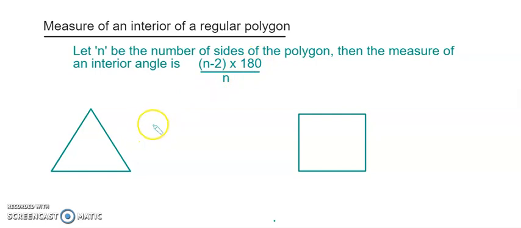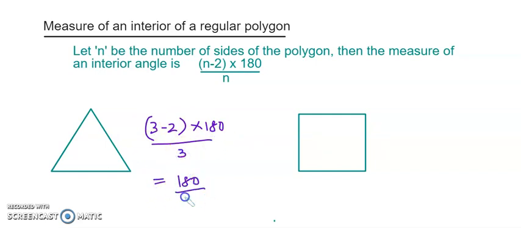So suppose we have a triangle. 3 minus 2 into 180 divided by 3, which is 180 divided by 3, which will give us 60 degrees. So this helps us to find the measure of each angle of the regular polygon. So all the three angles of this triangle are 60, 60, 60. So it's an equilateral triangle.